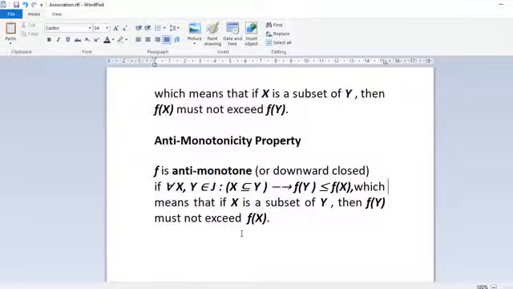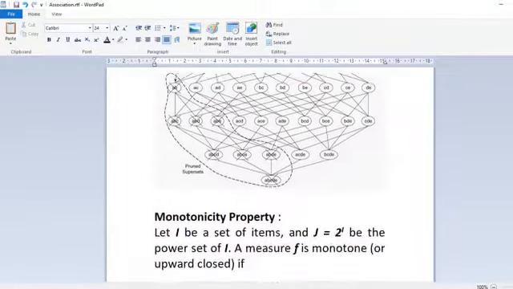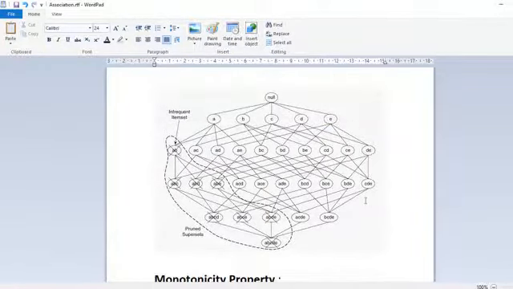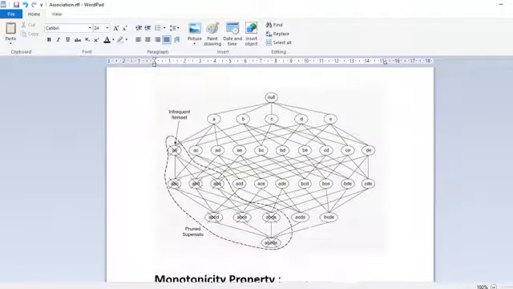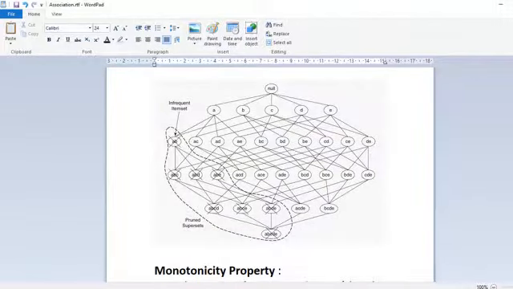That we have seen in the converse of the a priori principle, where we say that if this is the subset, then supersets will be infrequent, which is based on this anti-monotone property because it is downward closed.